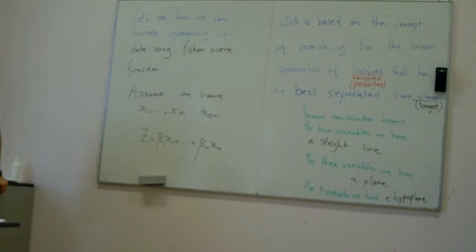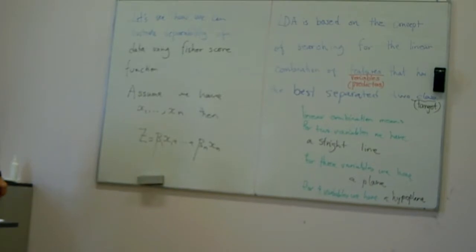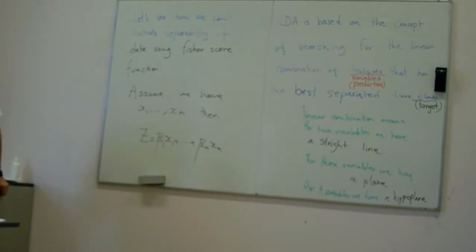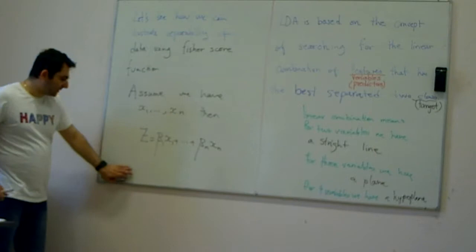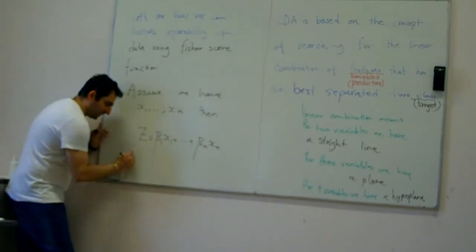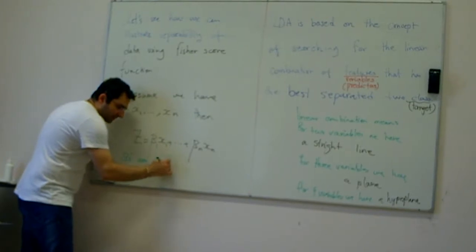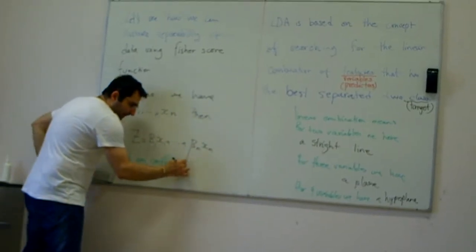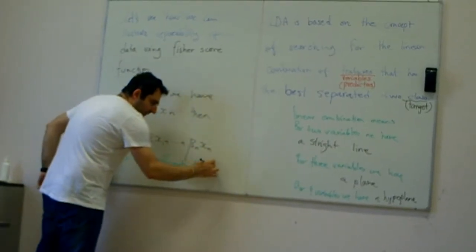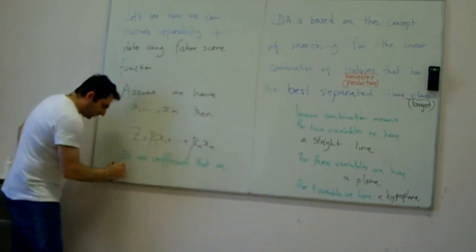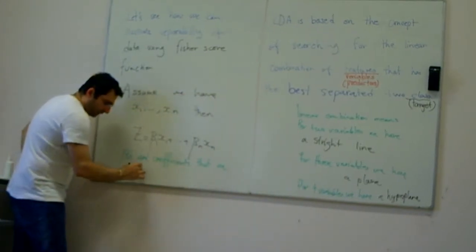So, what is the question? What is the challenge in LDA? The challenge is this. Betas are coefficients that we want to find.